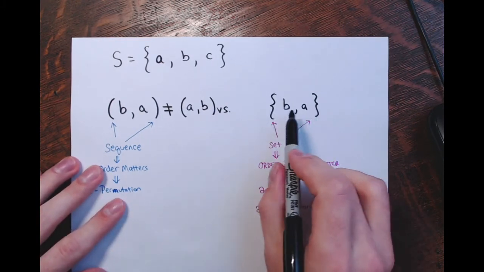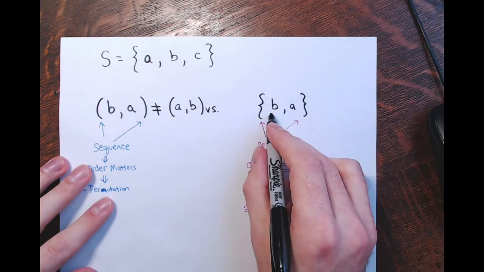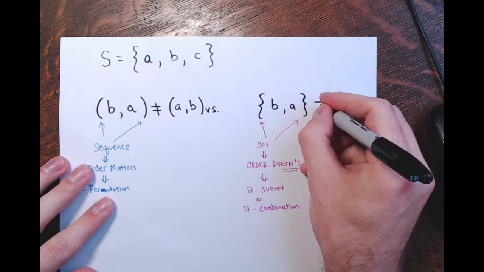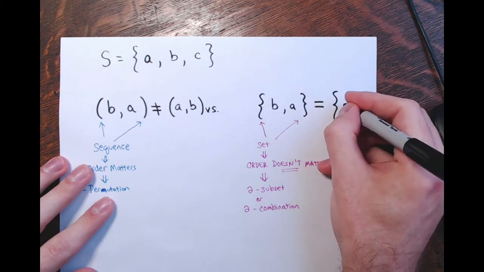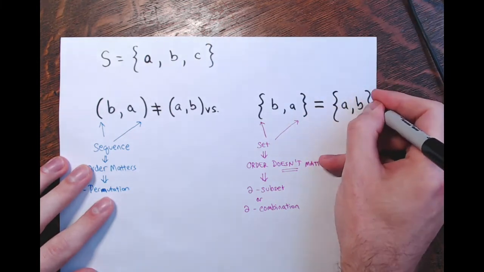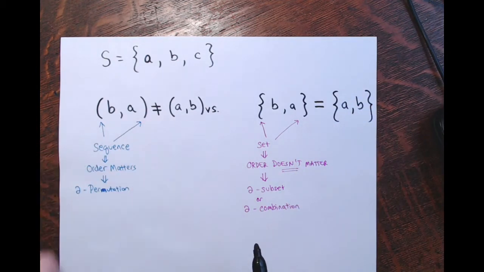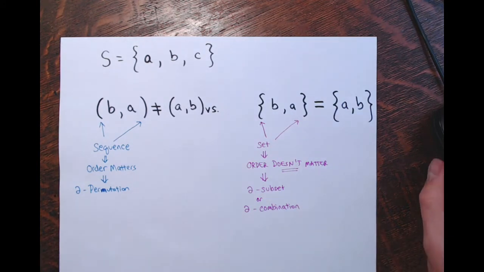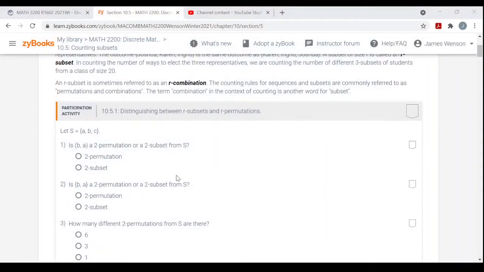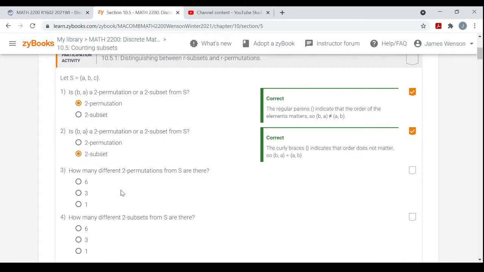But when you're talking sets, the set with B then A is the same as the set with A then B. These are the exact same set, so they are equal, whereas if you change the order in a sequence, they're not the same, they're not equal. Huge difference. Please pay attention to the symbols. So this one with the parentheses would be a 2-permutation. This one with the braces would be a 2-subset or a 2-combination.